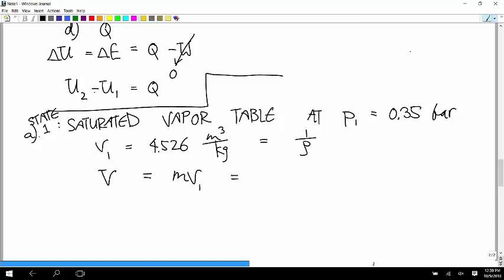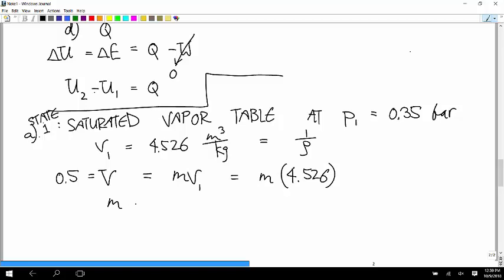So 0.5 is equal to the mass times 4.526.